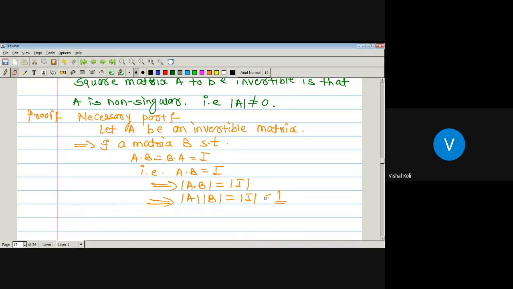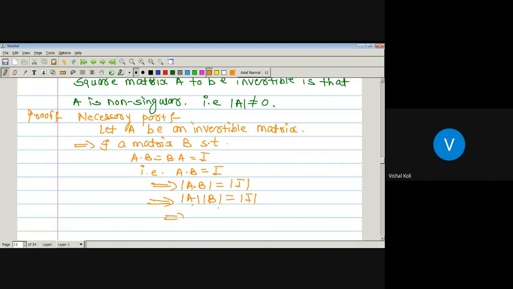So here the determinant of the product of these two matrices is equal to 1, and this will be possible if and only if determinant of A and determinant of B are both non-zero. Since if one of determinant of A or determinant of B is equal to 0, then 0 into something will always be 0, which is not equal to the determinant of the identity matrix.